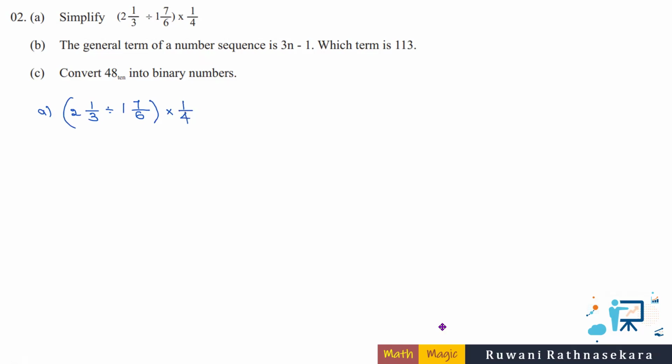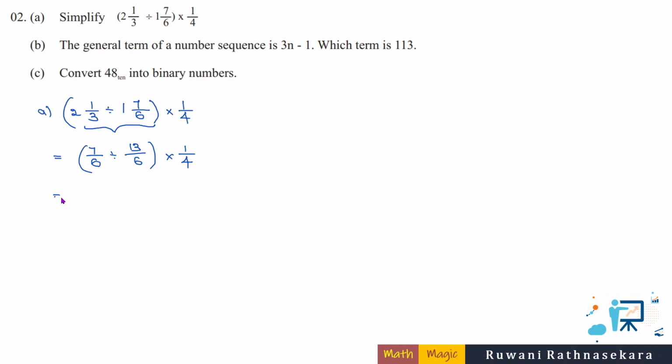Right? Then you know that it's compulsory to simplify the brackets first according to BODMAS. For that, you have to convert these into improper fractions. 2 times 3 is 6, 6 plus 1 is 7/6. Divided by 1 times 6 is 6, 6 plus 7 is 13. 13/6 multiplied by 1/4.